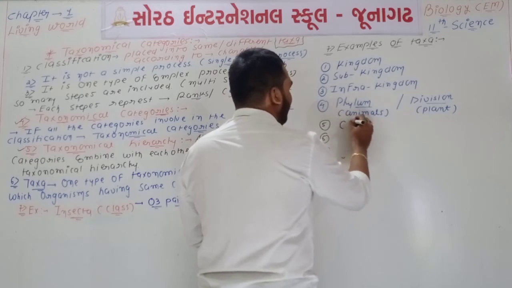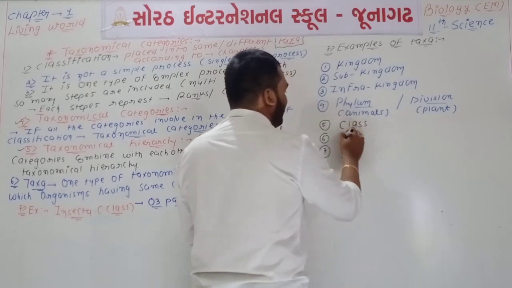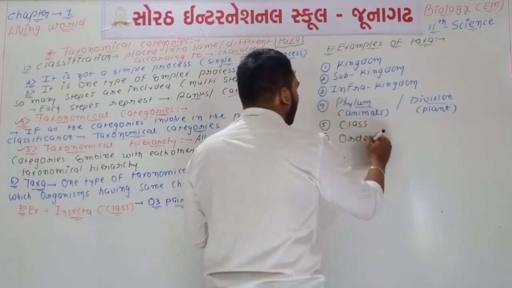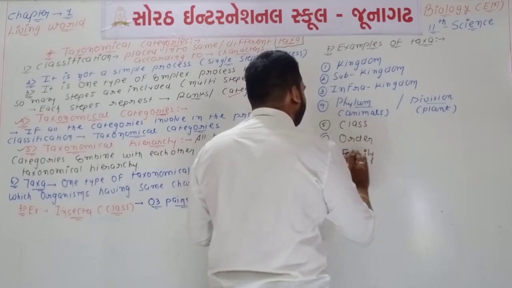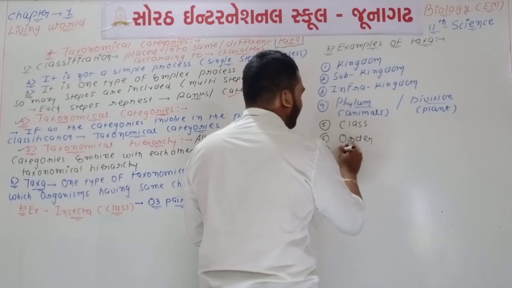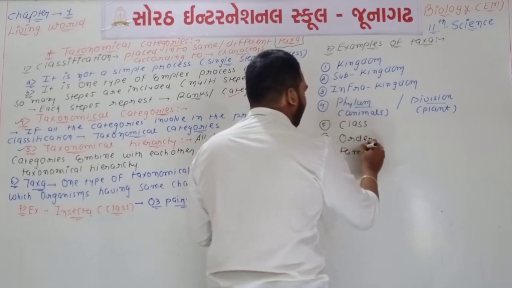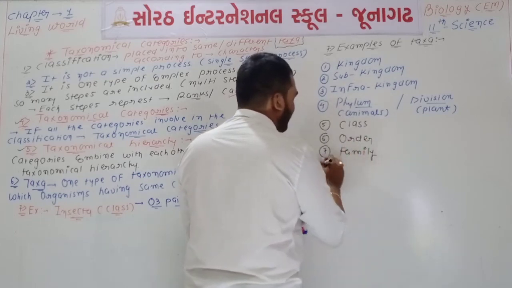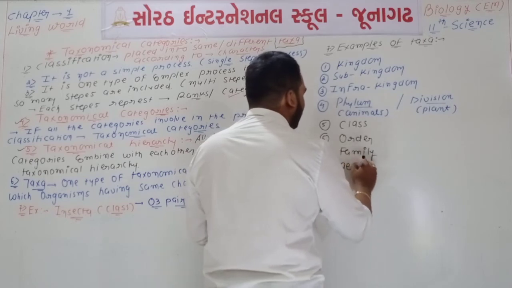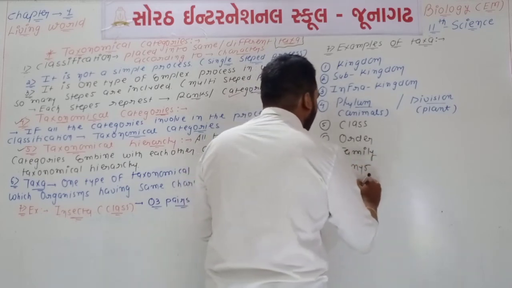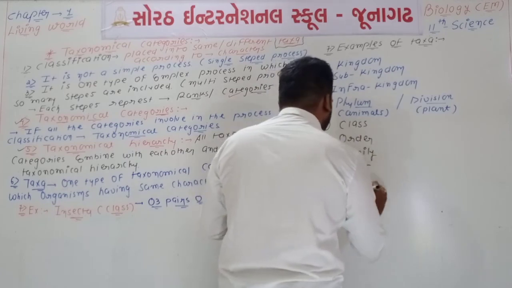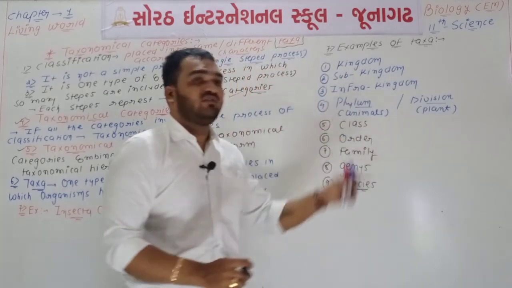After class, order is there. After order, family is there. After family, genus is there. After genus, species is there. So you will remember this in sequence.